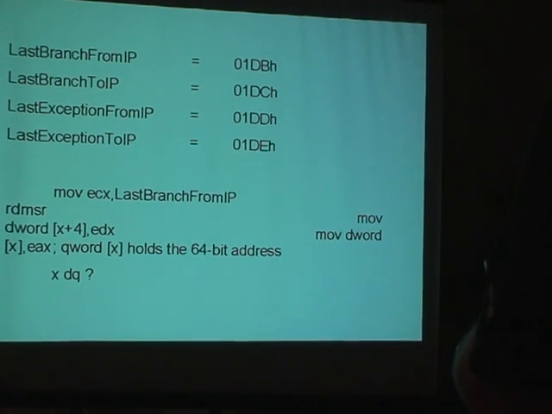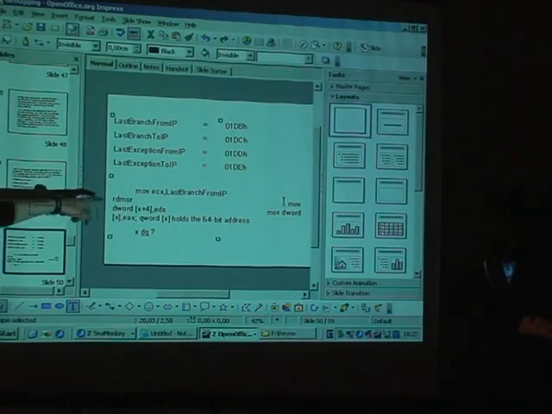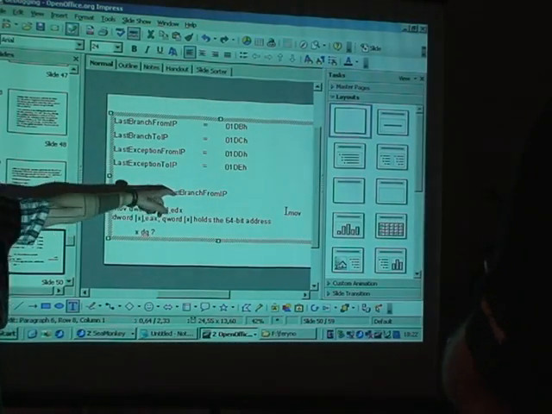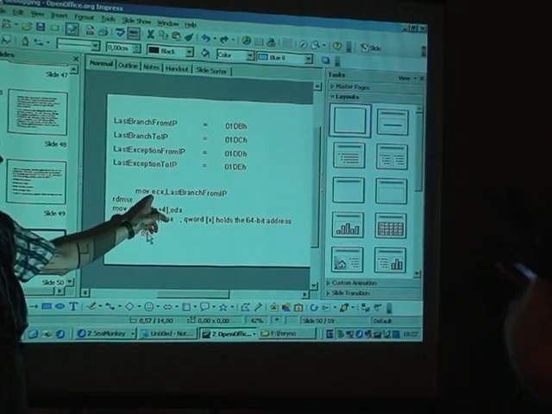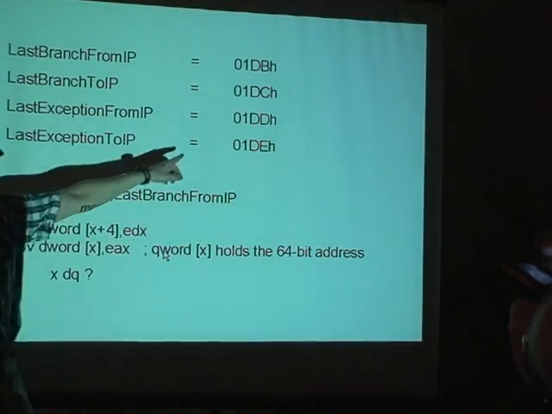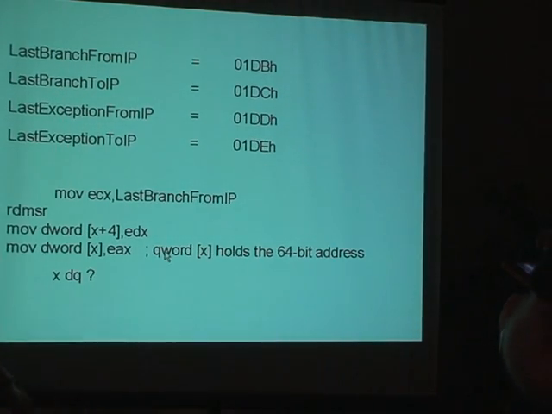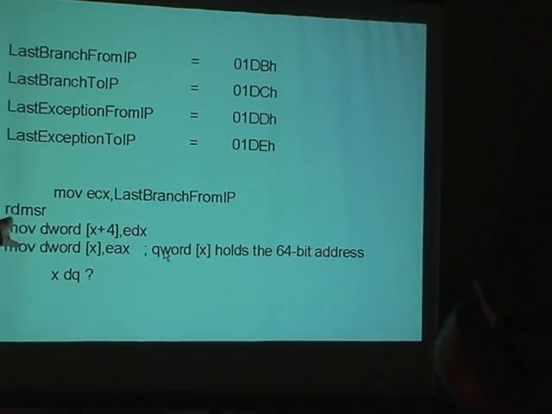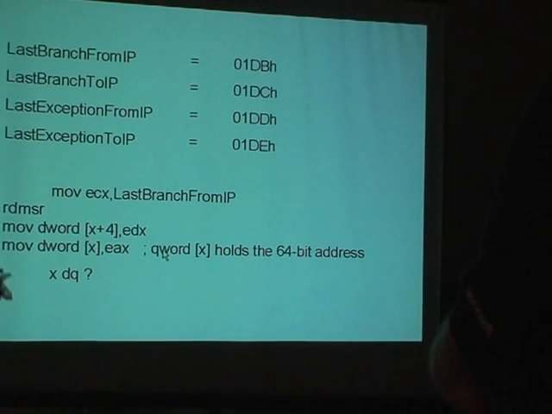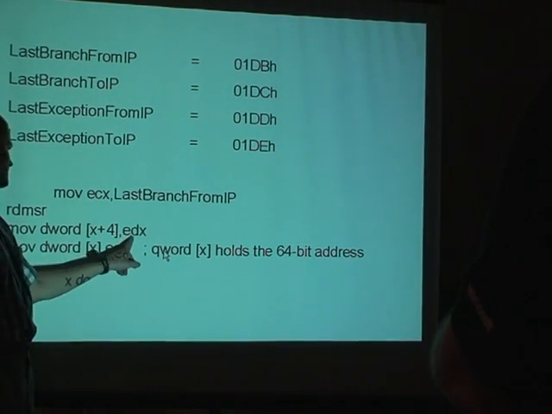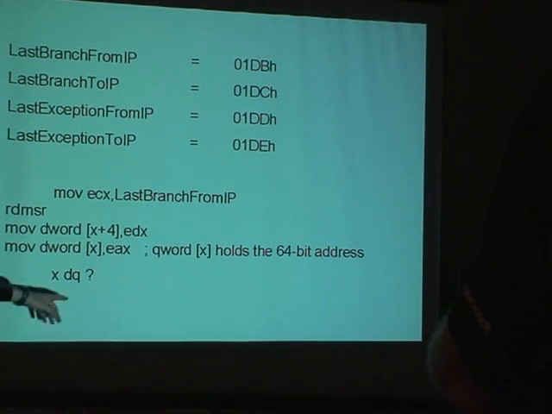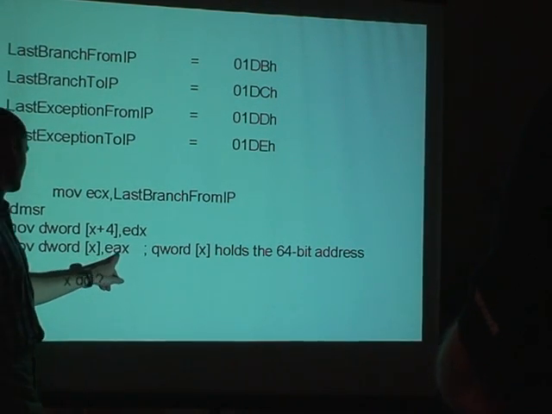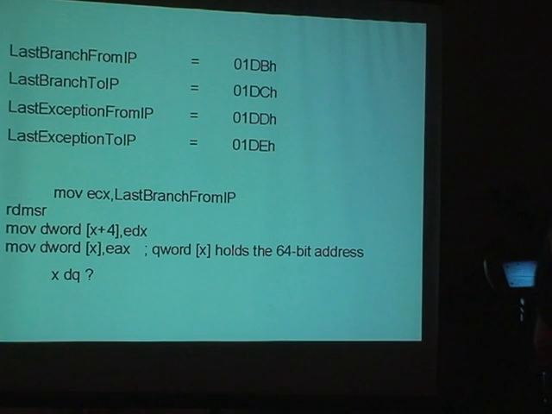This is a sample of how to read the last branch from IP register. We load ECX with this value, and then we execute read model specific register. And then we can say EDX is the high double word, and EAX is the low double word.